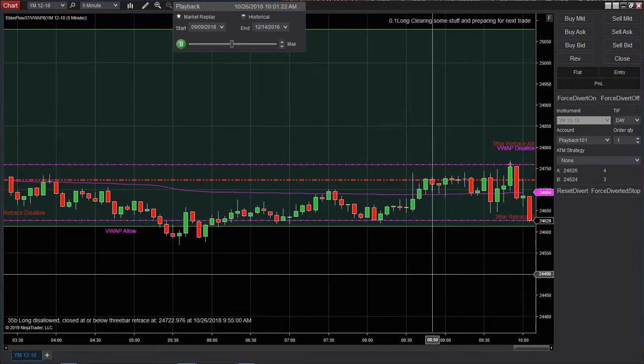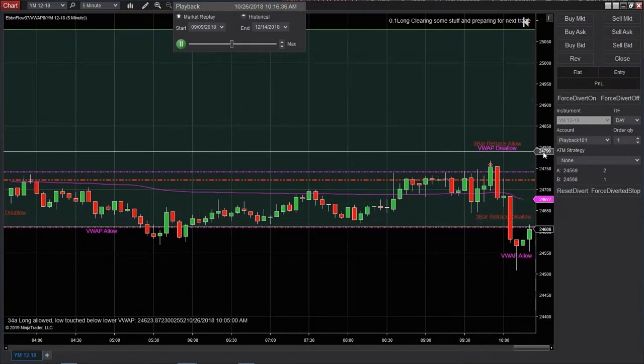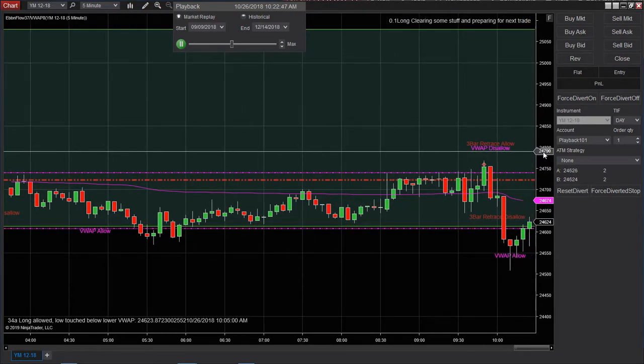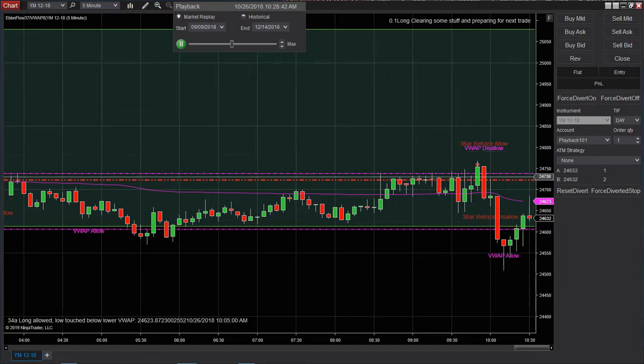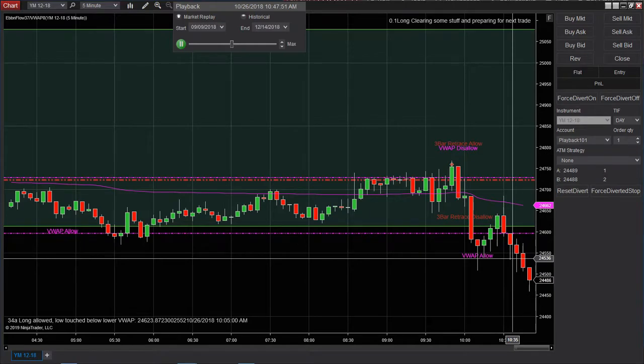We may be stuck in this little pattern here for a little while. Nope, we're going to get a 3-bar trend change to the downside, possibly, if it closes below that green on a 240-minute bar. Here goes.